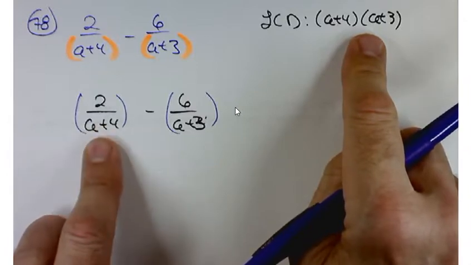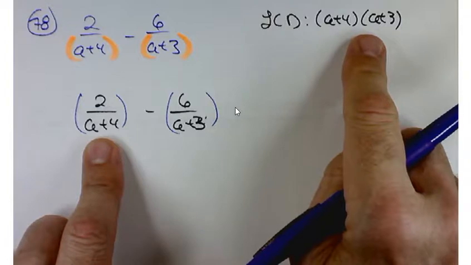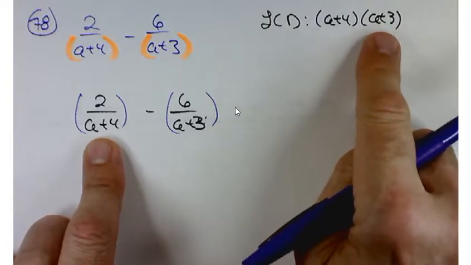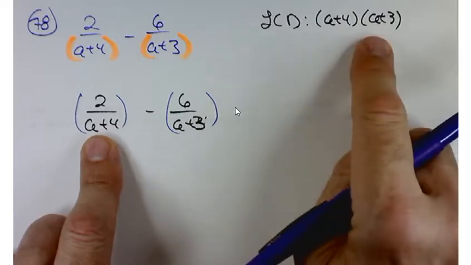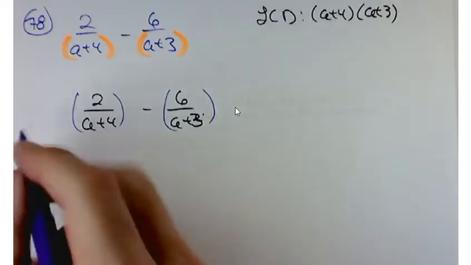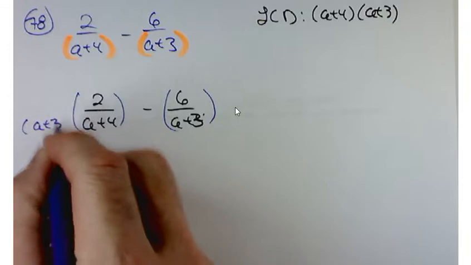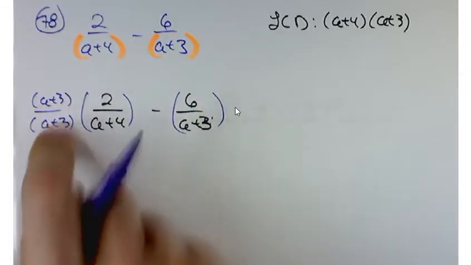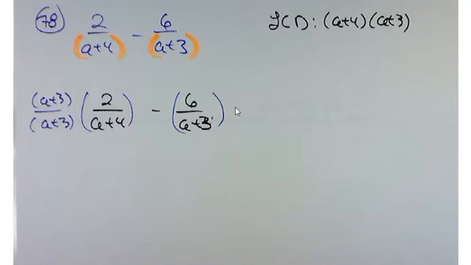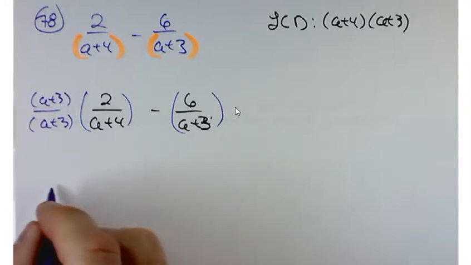What term? Yeah, what's missing from this that I have over here in my LCD? A plus 3, thank you. So, a plus 3 and a plus 3. This is effectively multiplying by 1, so it's not changing the fraction, but it's just giving me my common denominator.